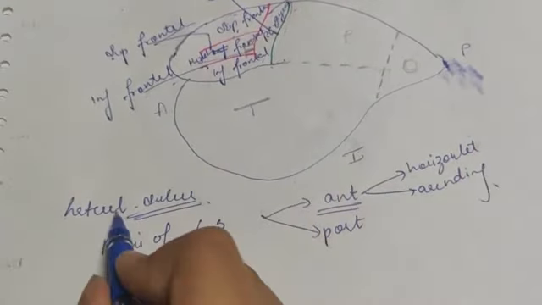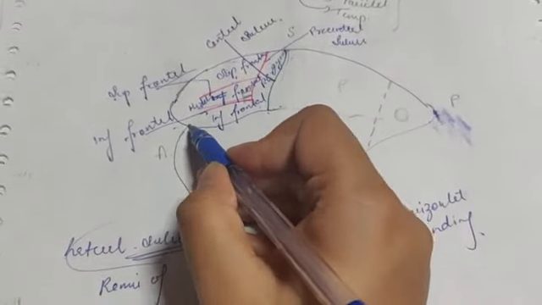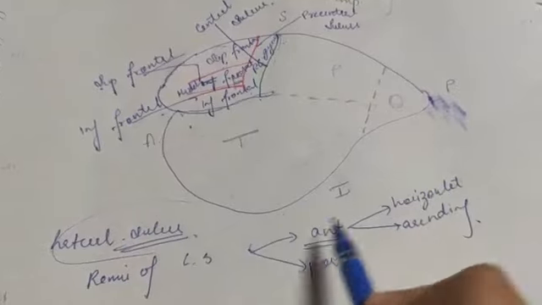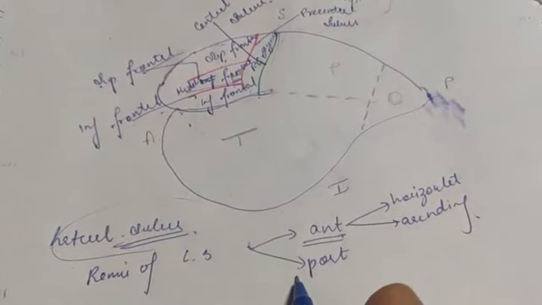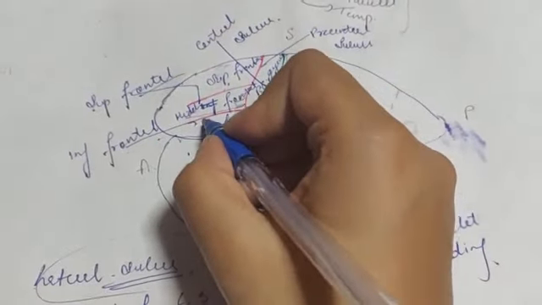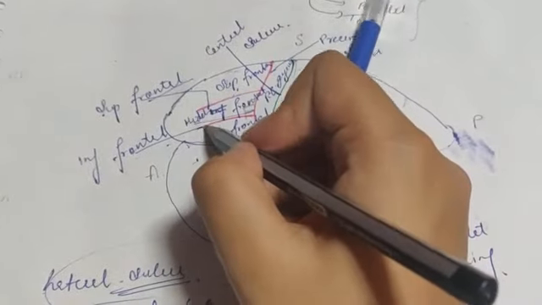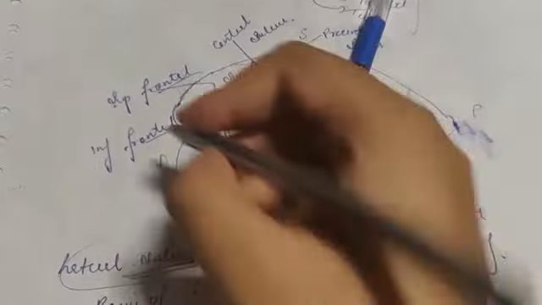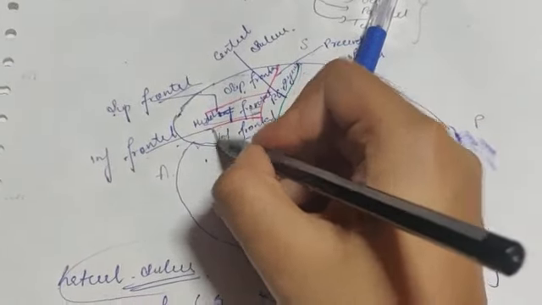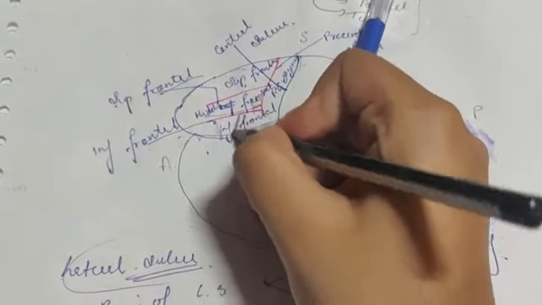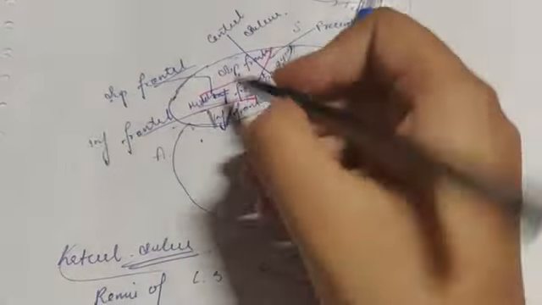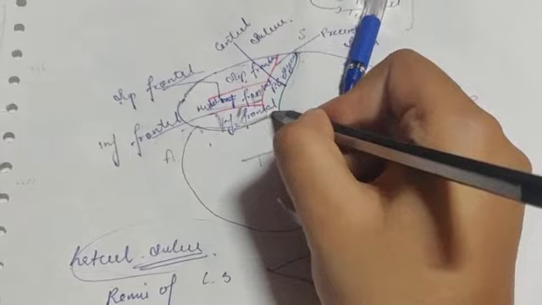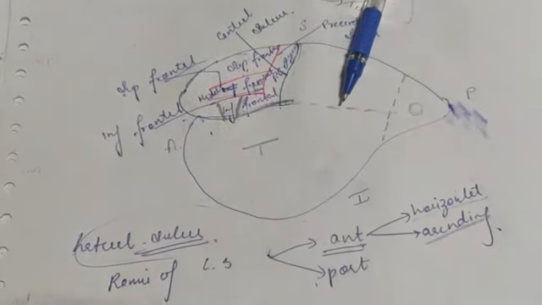So the lateral sulcus has three different parts: the anterior horizontal, anterior ascending, and posterior. Here this will be the horizontal part. The anterior horizontal part is the one I drew now. Then here, this is the anterior ascending part. And this part here, which is on the lateral sulcus, is the posterior part.